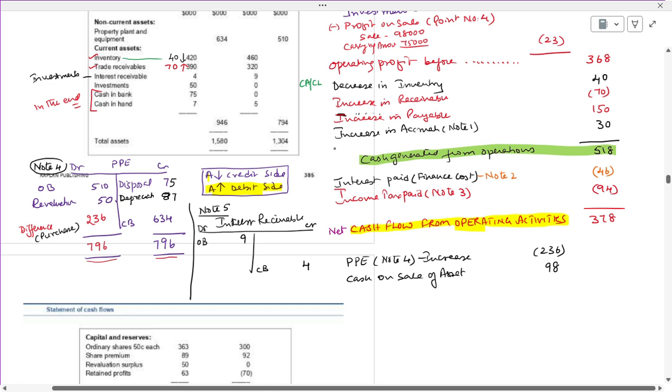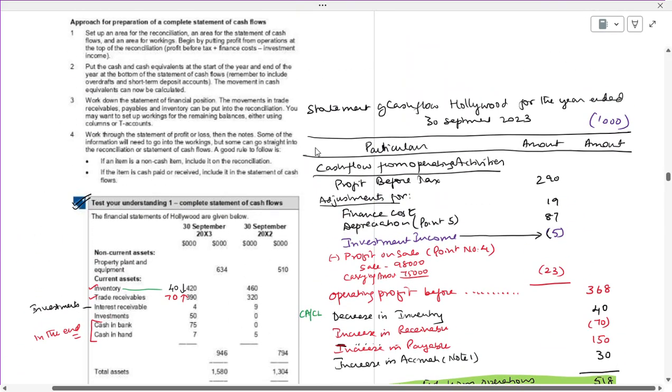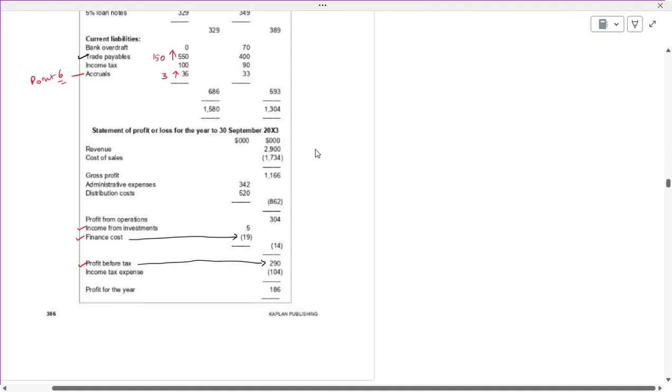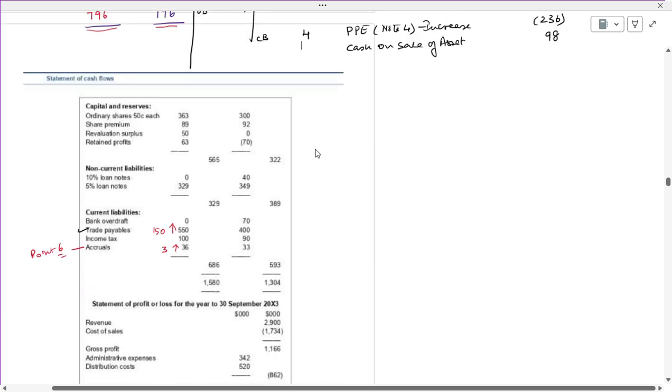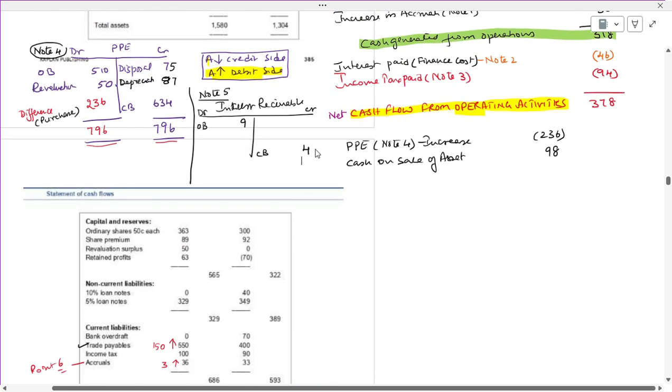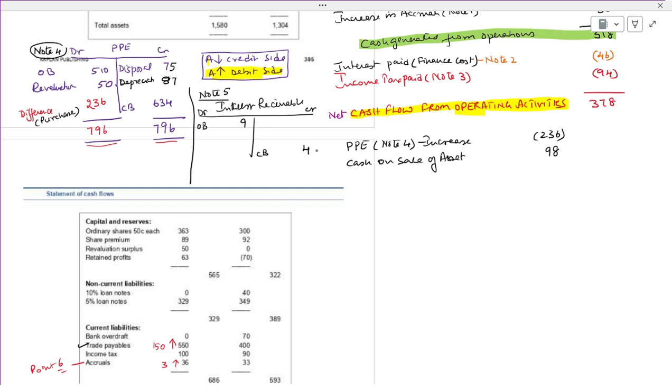How much is the income receivable? How much have you received as income in the income statement? 5. Income statement. Asset increasing. Is it right? If cash is coming, asset will increase. Received interest. Is it right?